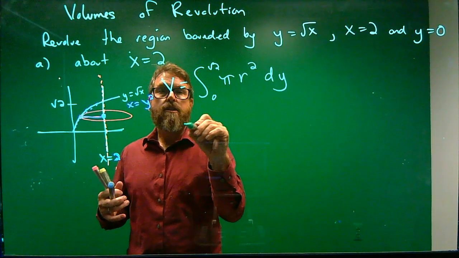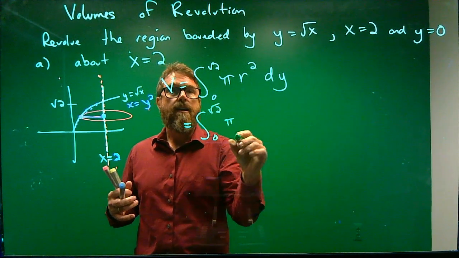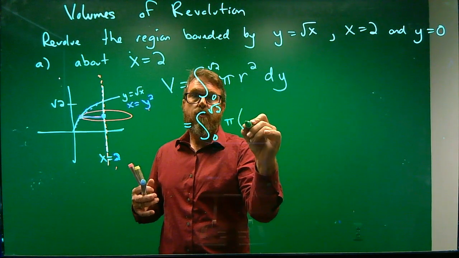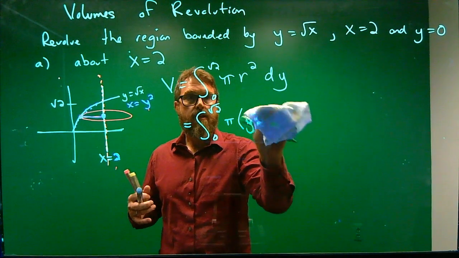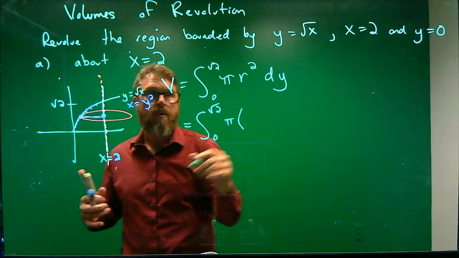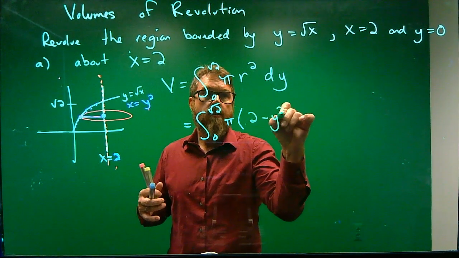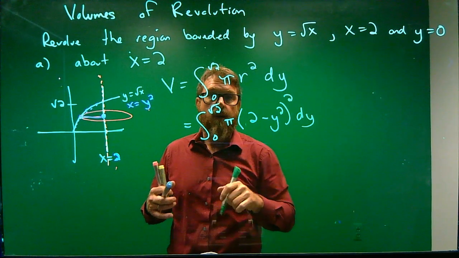So this is going to be the integral from 0 to root 2 of pi times its radius, which is going to be equal to y squared. I lied. Remember I said bigger number minus smaller number. The bigger being this 2, the smaller being the y squared. So 2 minus y squared, all squared dy, because I still have to square that radius.